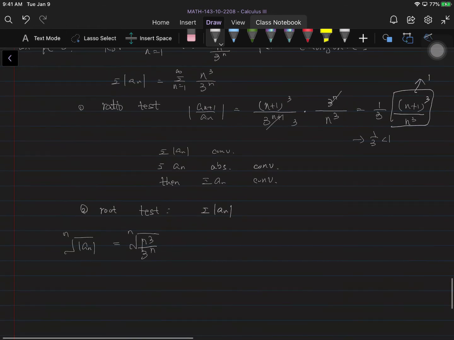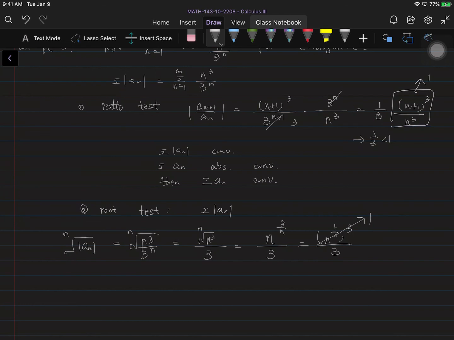The absolute value of a_n, simplify, 3 to the n with the nth root taken gives 1/3. On the top is the nth root of n cubed, which is n to the 3 over n power, and the top is actually n to the 1 over n, cubed. You can skip this step, but the numerator goes to 1.